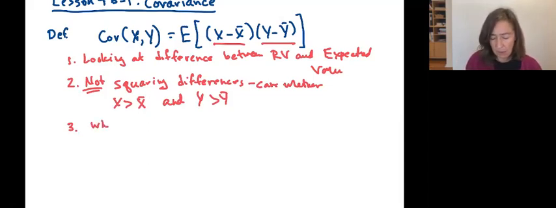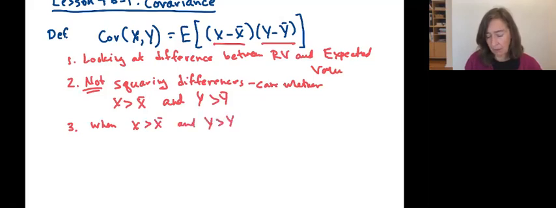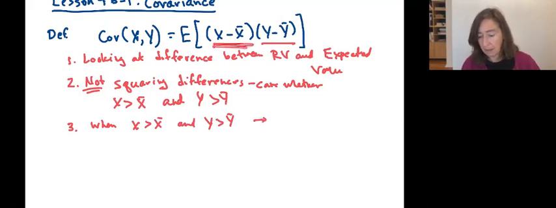When X works out so that it is greater than its expected value and Y is also greater than its expected value, so we might think of this as X is high relative to its typical value and Y is high relative to its typical value. Well, we have a positive here and a positive there, and a positive times a positive gives us a positive. Okay, so the product is positive.